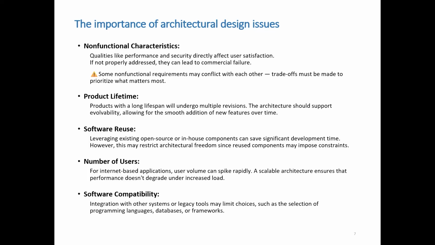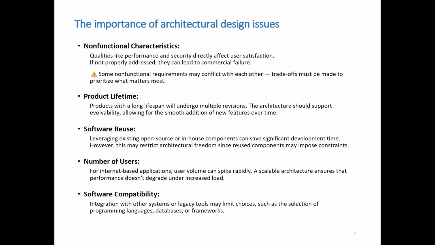Using existing components, whether open source libraries or in-house modules, can save time. But keep in mind, these components might come with their own requirements or limitations, so you may have to design your architecture around them. Now think about user numbers.